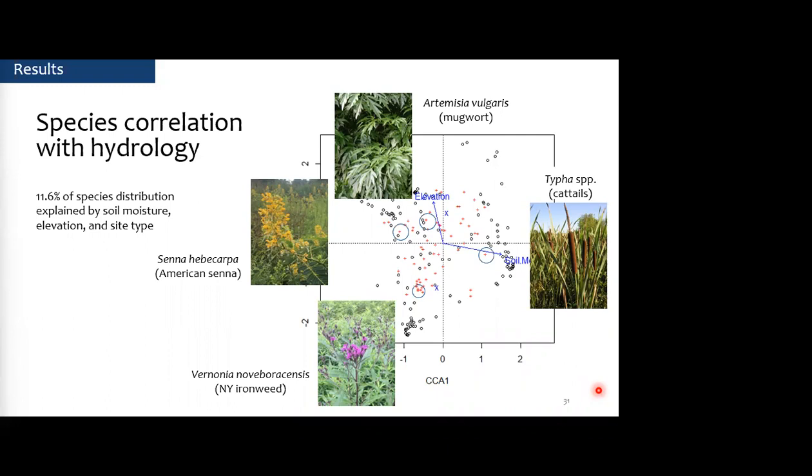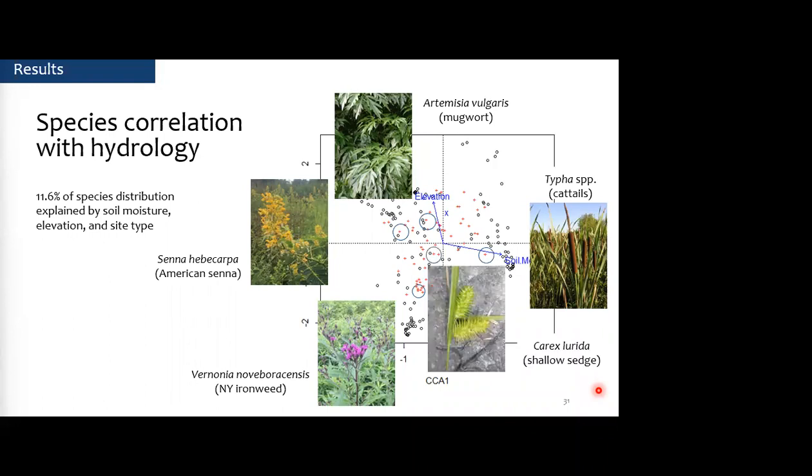So those 4 species were the most abundant species throughout the 8 basins, and they represent roughly the different quadrants of the ordination. I also looked at this shallow sedge because it was very frequent in the community, although at low abundance, but it is kind of neutral in the middle of this hydrological gradient of soil moisture and elevation.